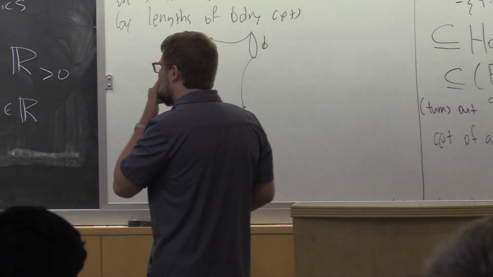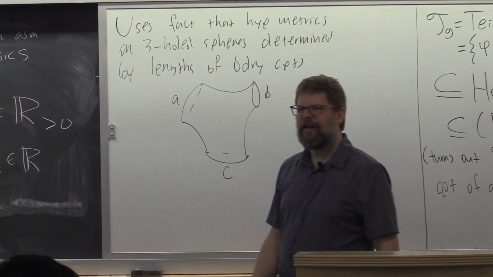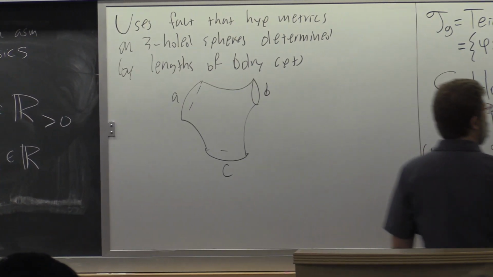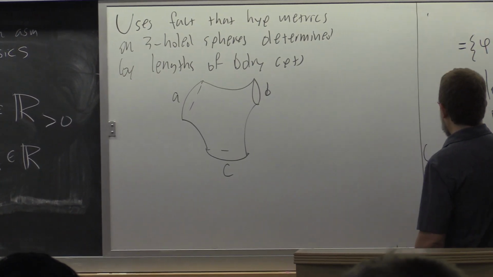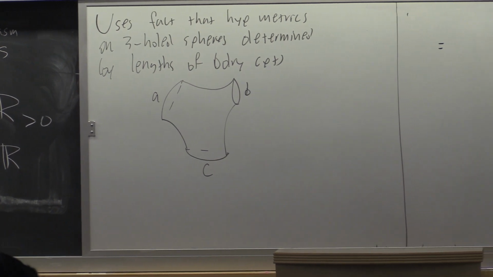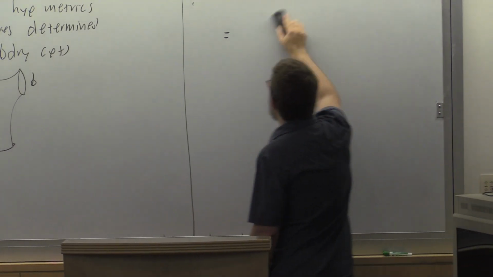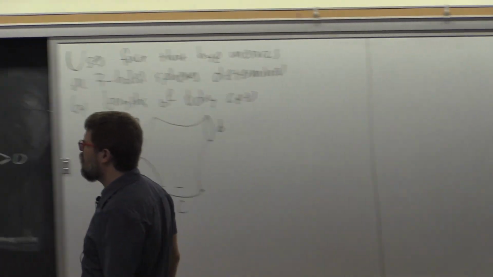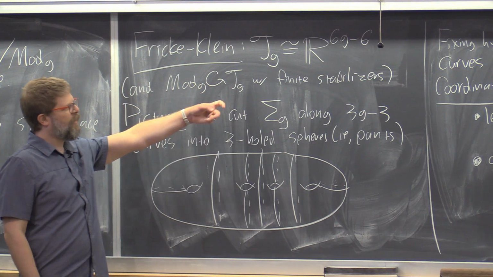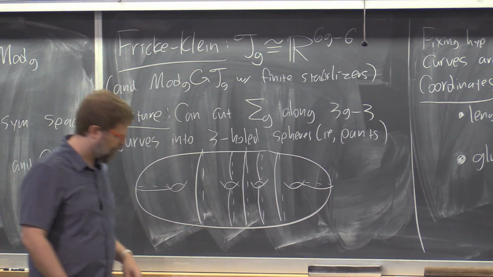Now that we're on this, I'm going to talk about the topology of M_g. So let me tell you some things about it. The first thing is that M_g is the quotient of this contractible space by the action of the mapping class group, which acts with finite stabilizers.